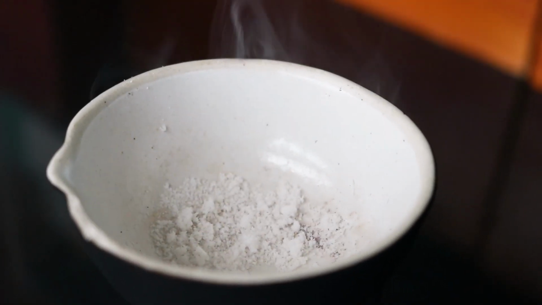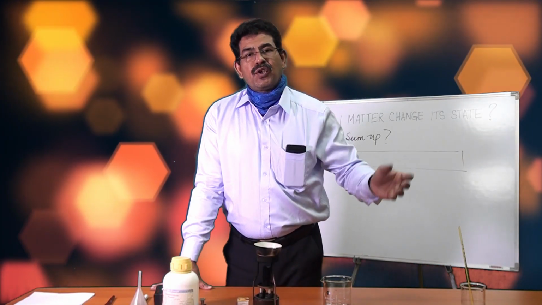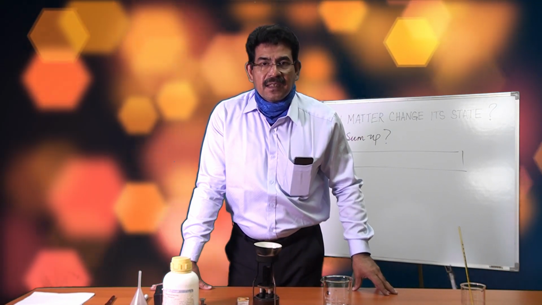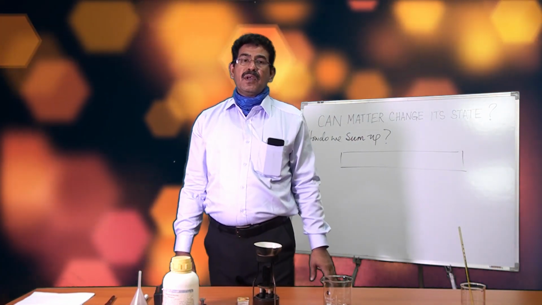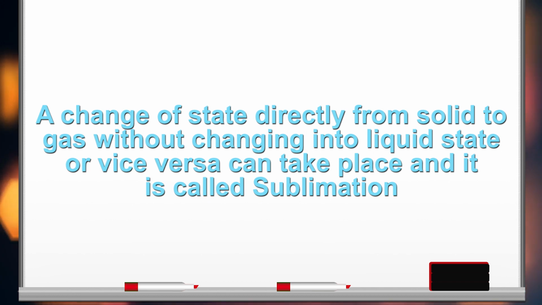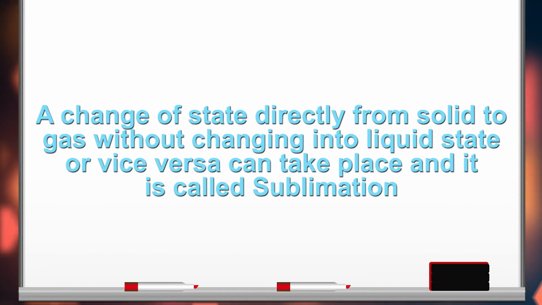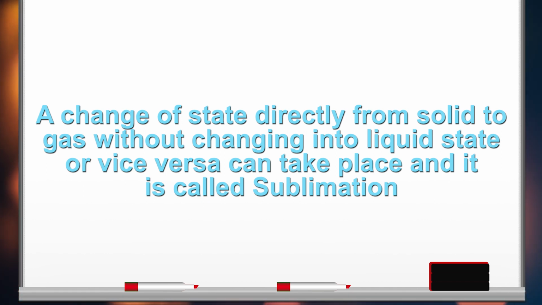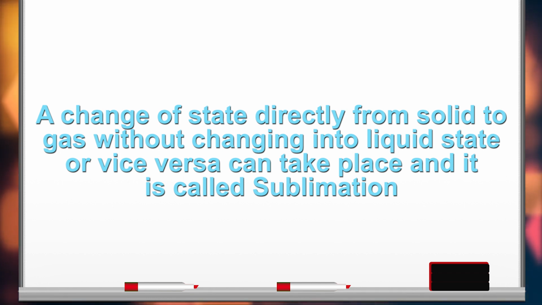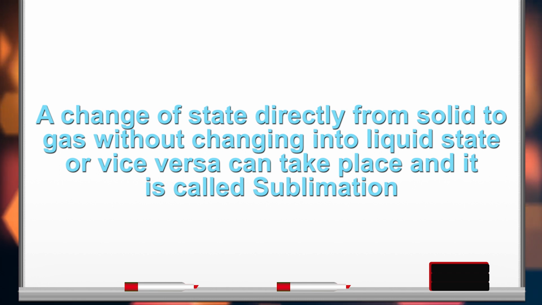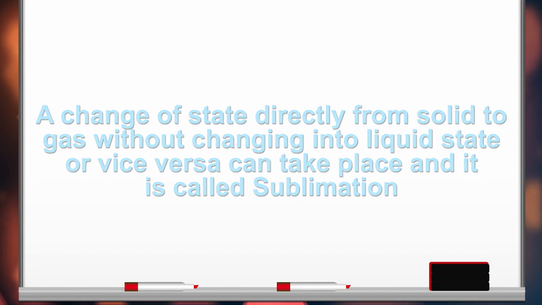And what we see is that it has all got converted into gas. So this is a phenomenon where the change of state has taken place directly from solid to gas. Now, do you have any idea what this phenomenon is known as? This is known as sublimation.